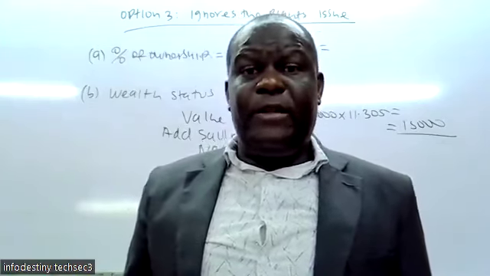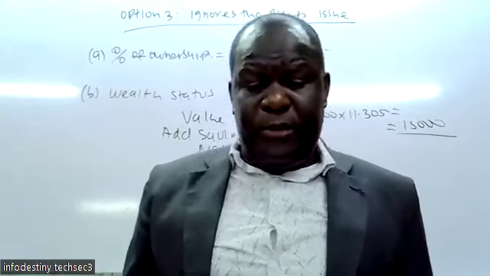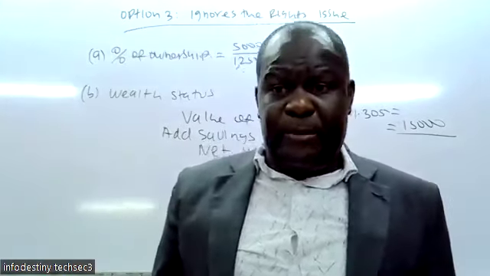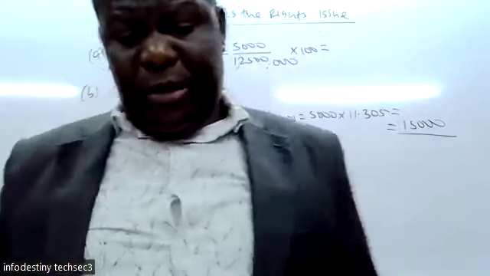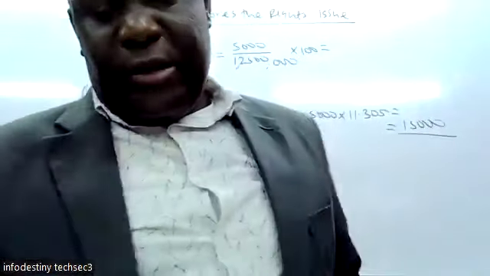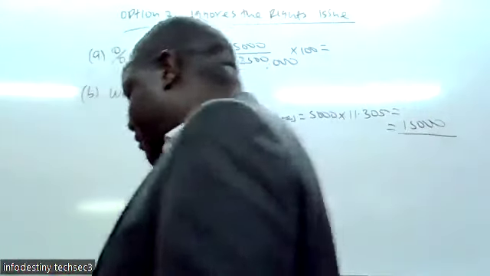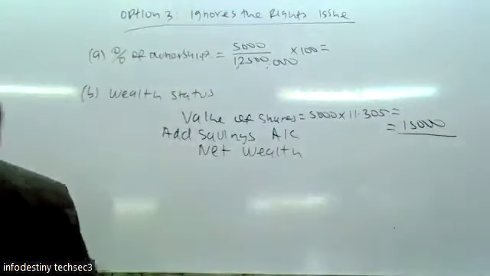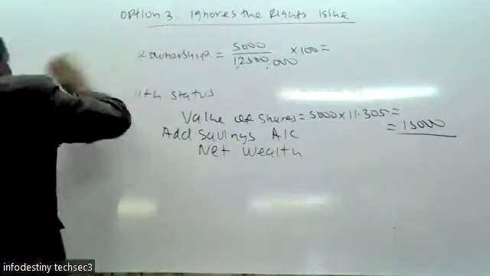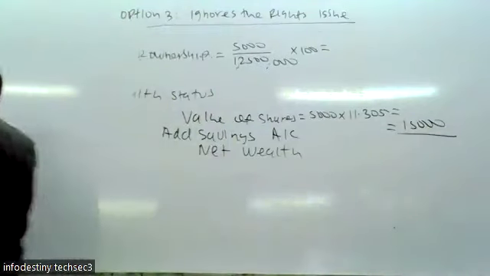So that Roman letter 1, what you need to compute is simply the cum-right market price per share.